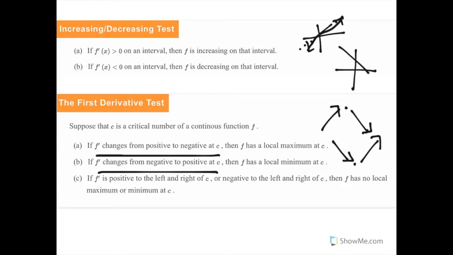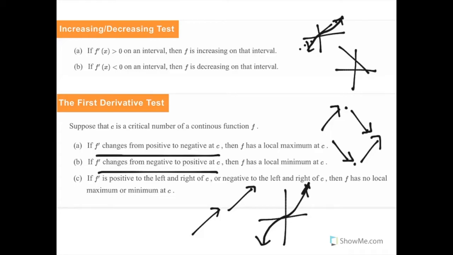But there's also a third case. What if f prime is positive to the left and right of c? If f prime is positive to the left, f is going up, or increasing. And then to the right of that value of c, f is also going up because f prime is positive again. You could have something like this. This is our cubic example from earlier, where f is increasing, going up to the right, and then f is increasing, going up to the right.